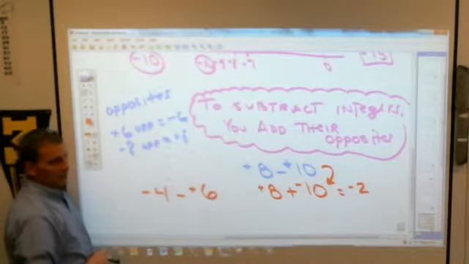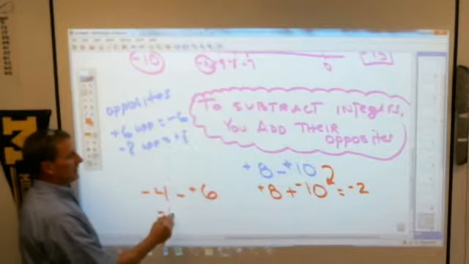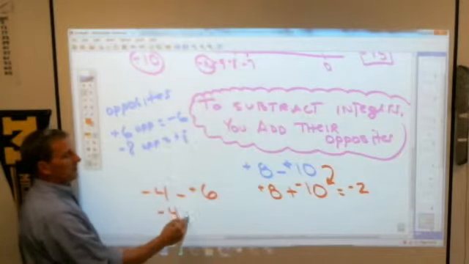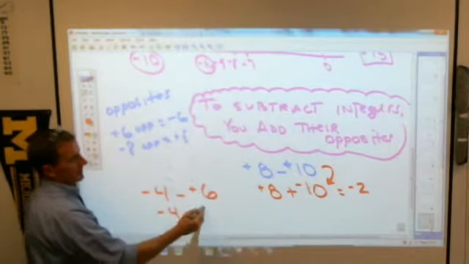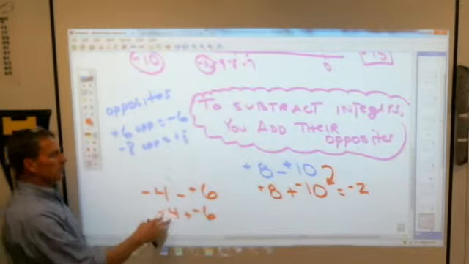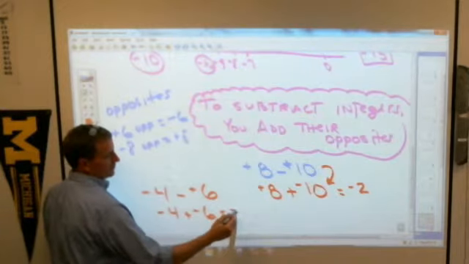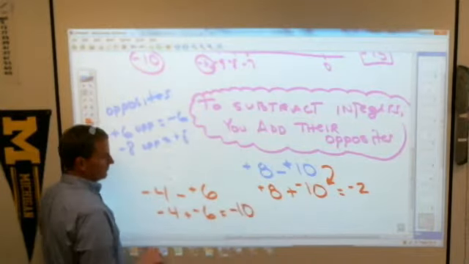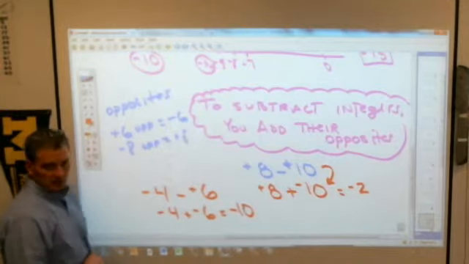What am I going to change that problem to be? Instead of -4 minus a +6, it's going to be a -4 plus, what's the opposite of a +6? -6. What is a -4 plus a -6? You owe somebody $4, you owe them $6 more. Ephraim, you owe them $10. There's no +2 there.